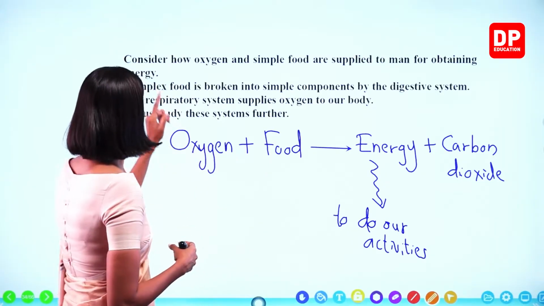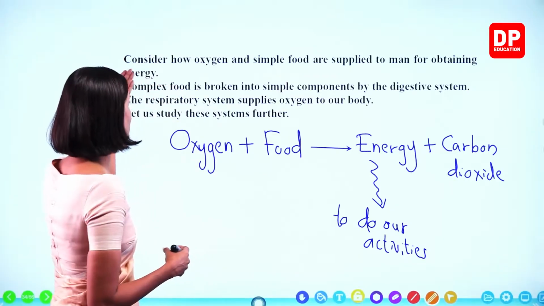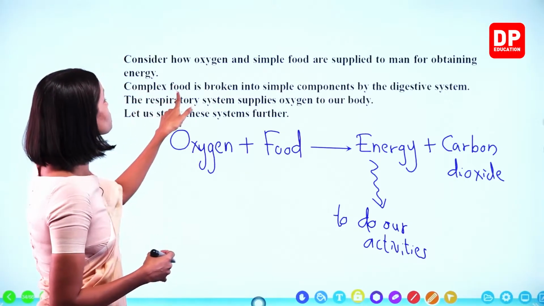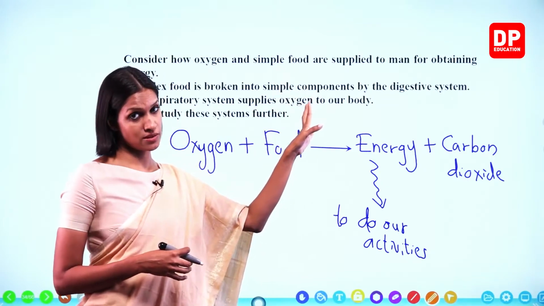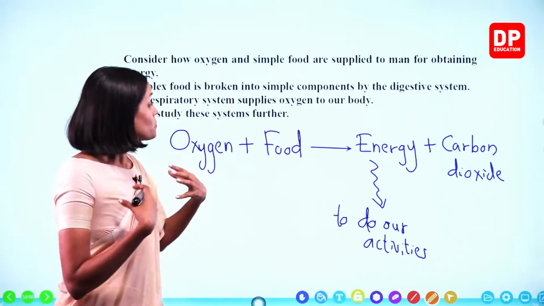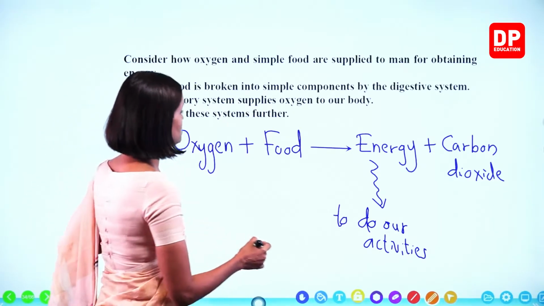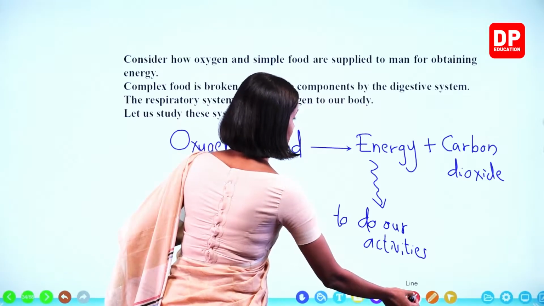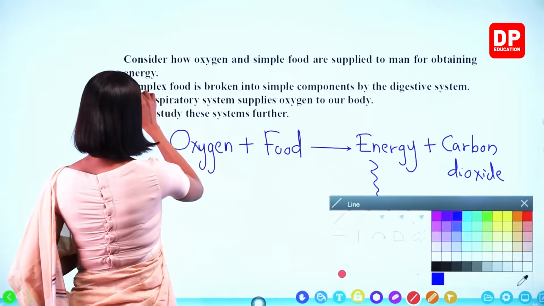Right, children? So consider how oxygen and simple food are supplied to man for obtaining energy. Complex food is broken into simple components by the digestive system. When we eat food, the food breaks down by the digestive system.